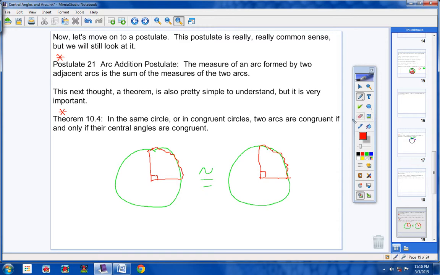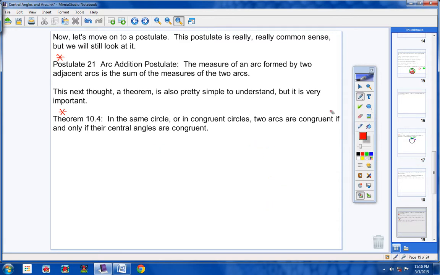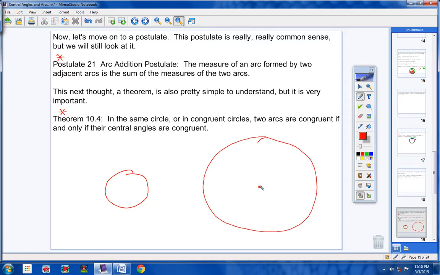The two circles have to be congruent, because sometimes students will see a circle like this, and a circle like this. And they'll see a central angle here that's 70 degrees, and a central angle over here that's 70 degrees. And they say, oh, because we have congruent central angles, then this arc here is congruent to this arc here.